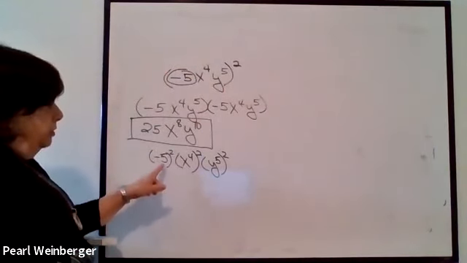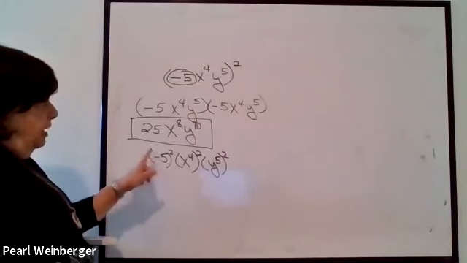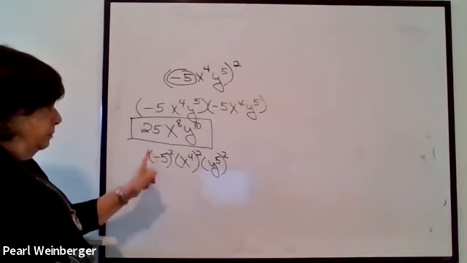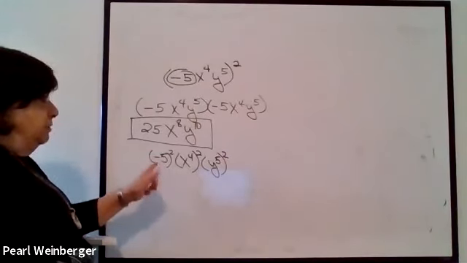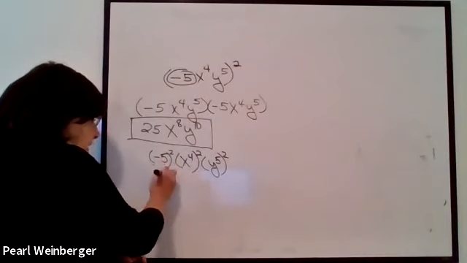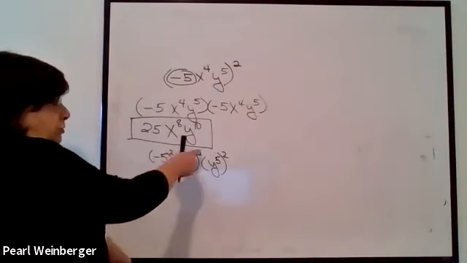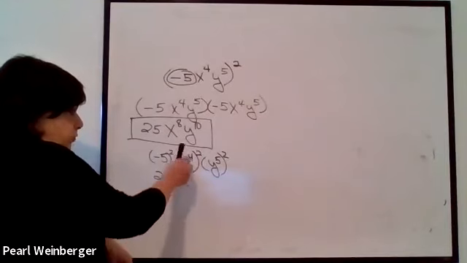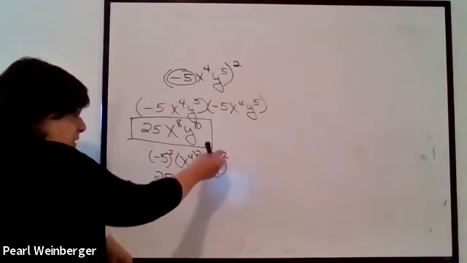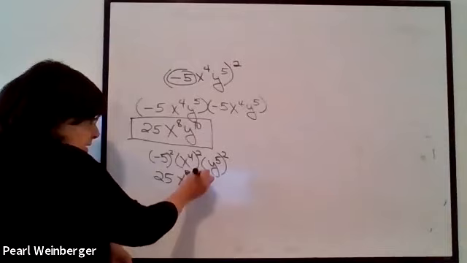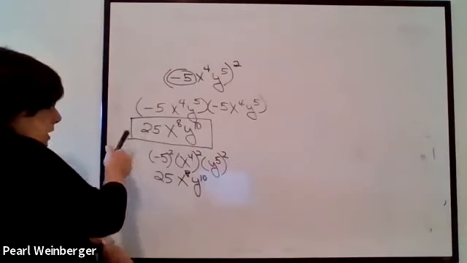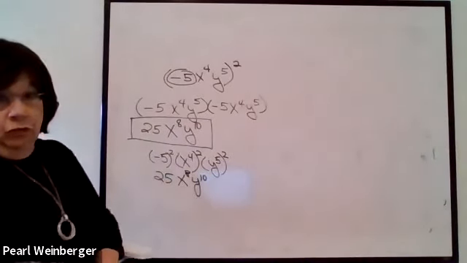When you square the -5, and remember, it's -5 that's being squared, -5 times -5 is 25. And here you just multiply those exponents. 4 times 2 is 8, 5 times 2 is 10. And of course, we come up with the exact same answer that we got before.